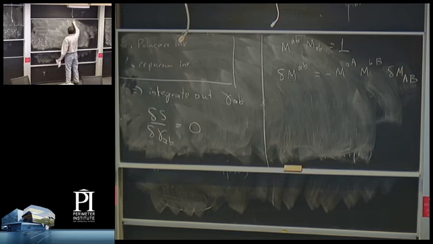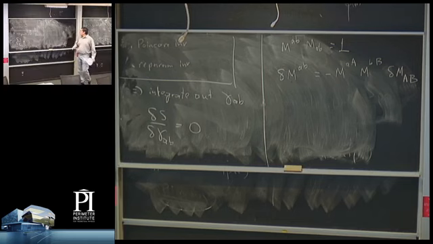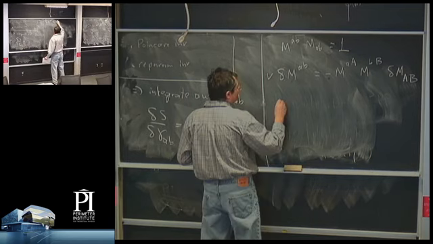Well, suppose I have M_AB, an invertible matrix, and a symmetric one. It's important for me to have it be a symmetric matrix, with the inverse having upper indices.